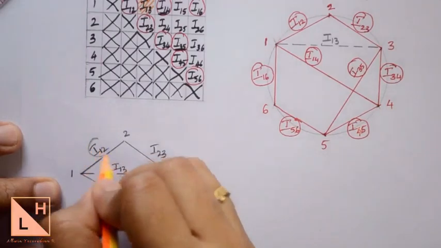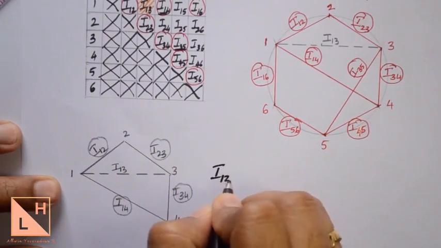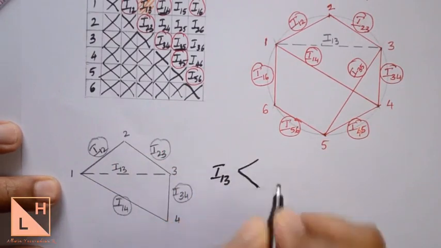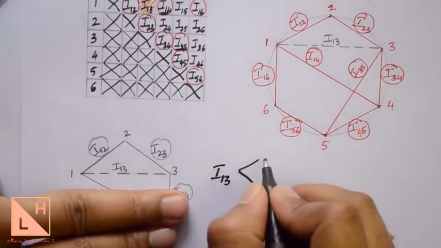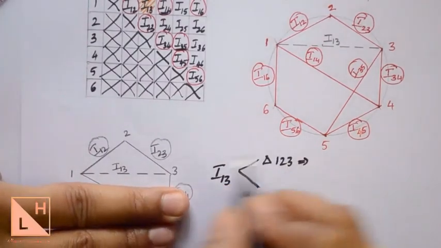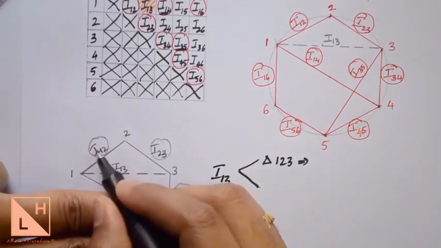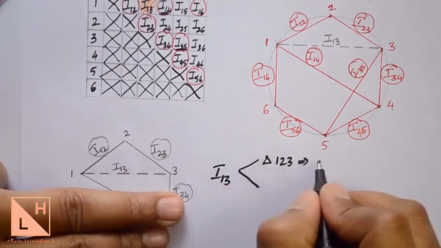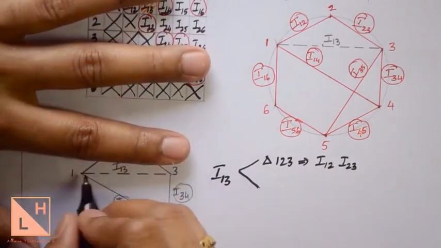out of which these are already found in the mechanism drawing. This is the new one that I am trying to find. Therefore I13 can be obtained by joining two lines. Refer to one triangle first. Let us assume the triangle 1, 2, 3. The two sides apart from I13 will be I12 and I23. Go to the next triangle which is 1, 3, 4.